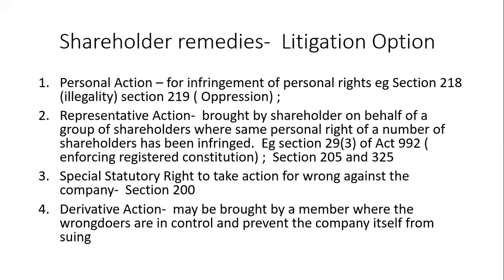Then finally, let me talk about derivative action. Derivative action, section 201, very important. So this type of action may be brought by a member where the wrongdoers are in control and prevent the company itself from suing. So the company has suffered the wrong, and the wrong which the company has suffered is actually being perpetrated by those who are in charge of the company.